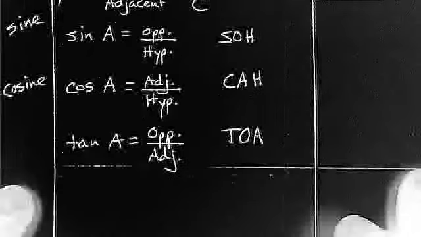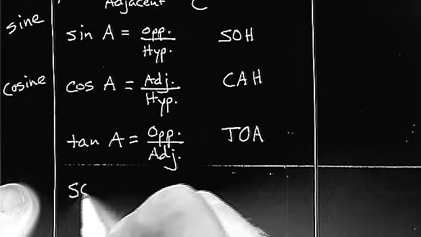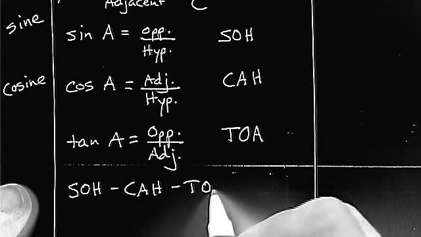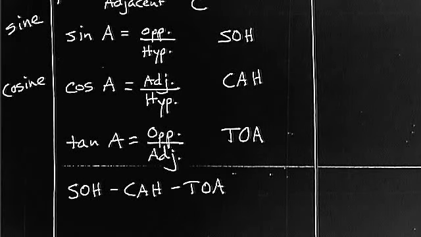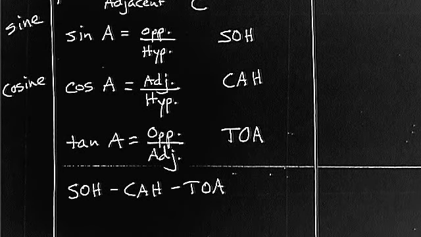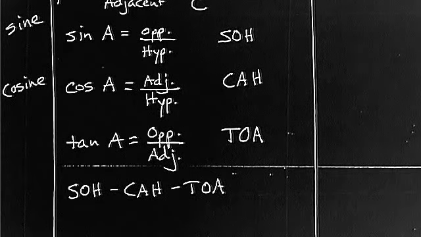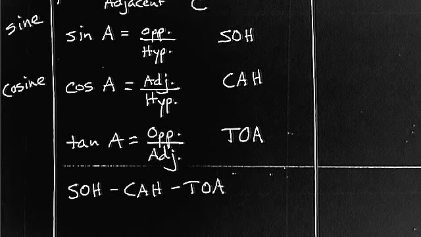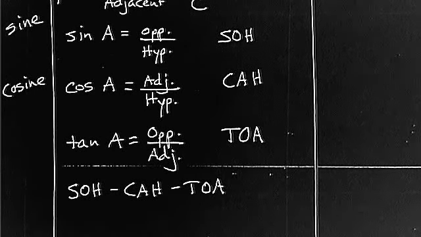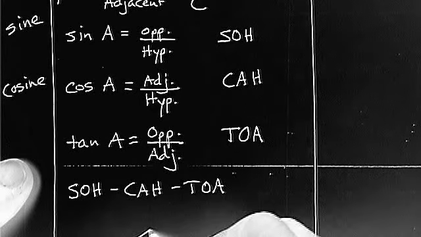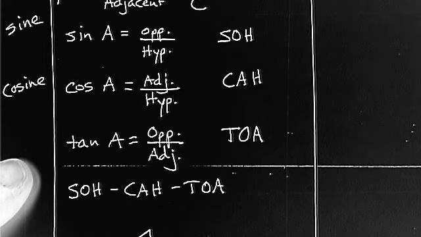And so when I refer to SOH-CAH-TOA, what I'm referring to is an abbreviation which helps me remember the trig functions, so that I can understand the relationships between the sides and the angles. Now we're going to use these to find sides, and we're going to also use them to find angles.